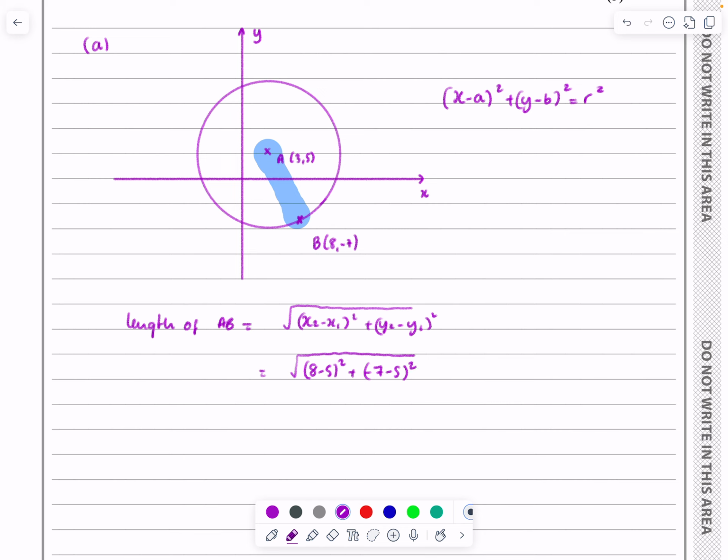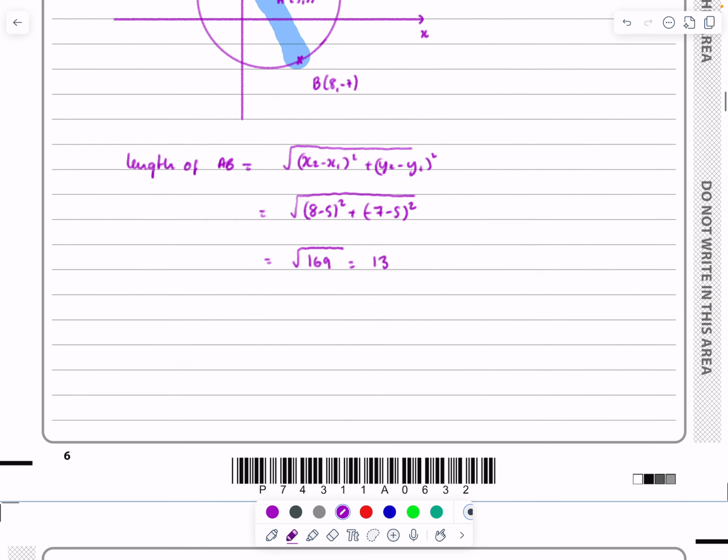And if you work that all out, that works out to be the square root of 169, or in other words, 13.